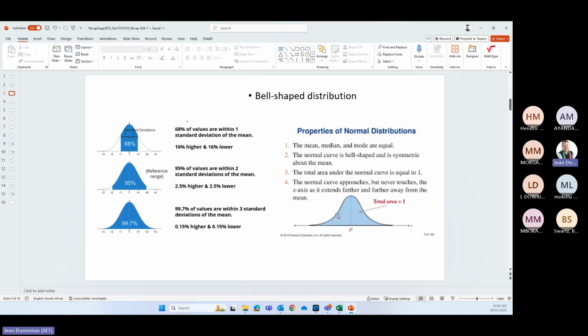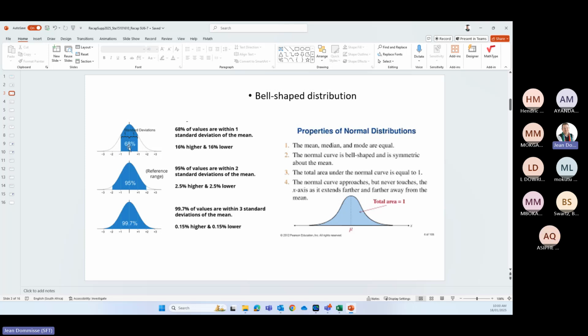Everything underneath the curve, the probability of that is always equal to 1. But what we also sometimes do is say, around the mean, if we move one standard deviation away from it, we will capture around 68% of the data.